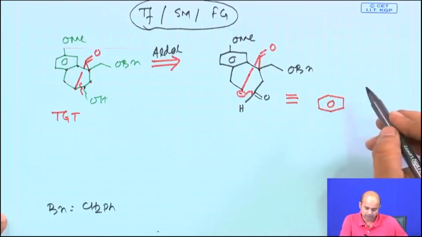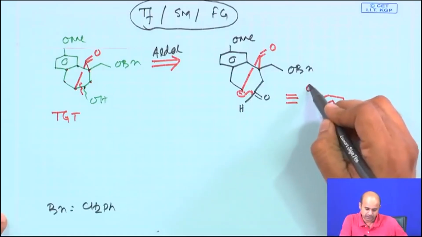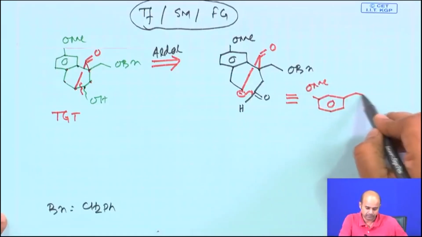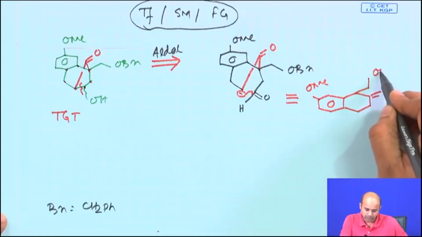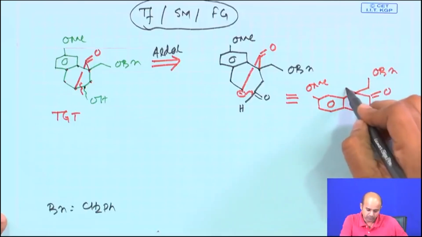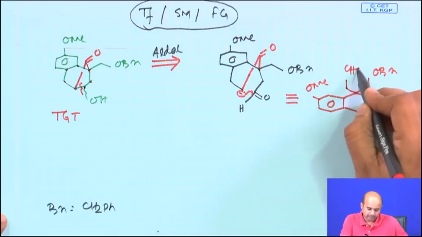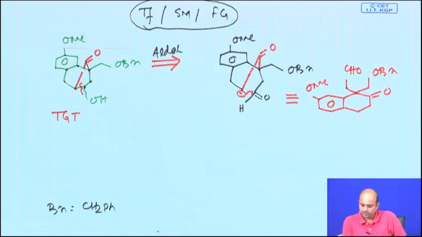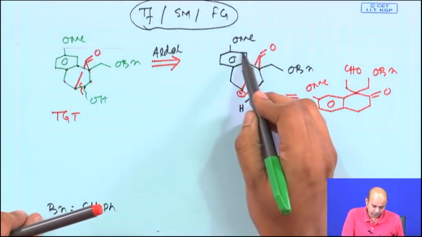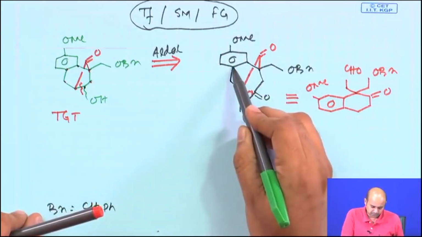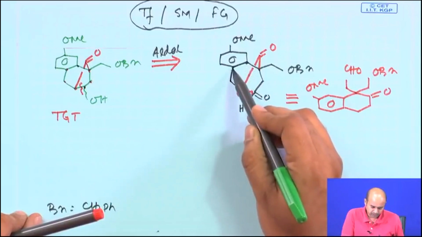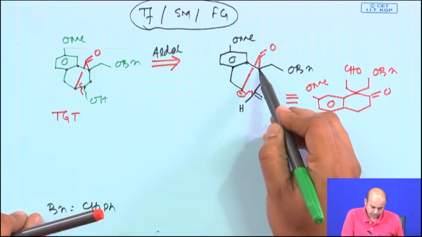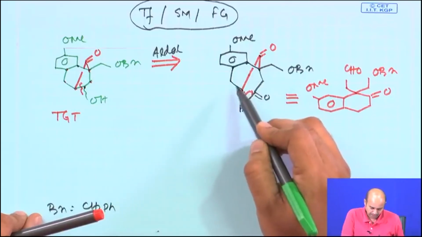If you write it, now you see the structure is basically nothing but a 6,6 system fused together, isn't it? See the analogy. This is the O-methoxy, this is the common fused part, 1, 2, 3, 4, 5, 6.